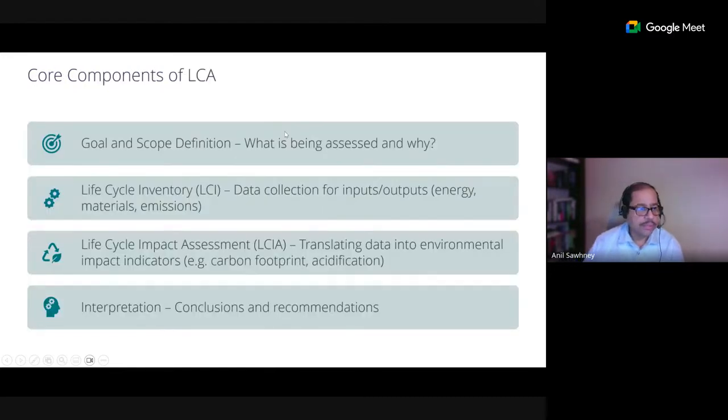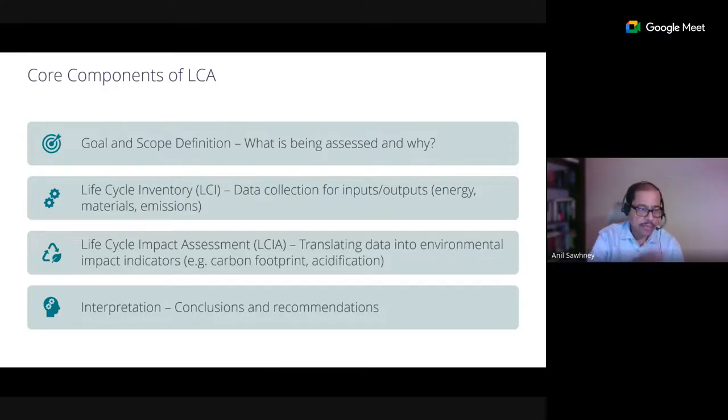The core components of an LCA, broadly, irrespective of which sector you're working in, are first to define the goal and the scope of your assessment. So what is being assessed and why? Then you need to have a life cycle inventory. This is the data collection for inputs and outputs: energy, materials, emissions, all that information. So you need lots and lots of data when you're doing LCA. The third step is life cycle impact assessment.